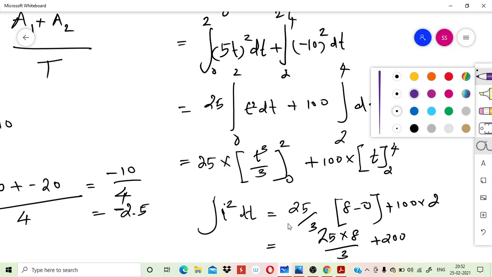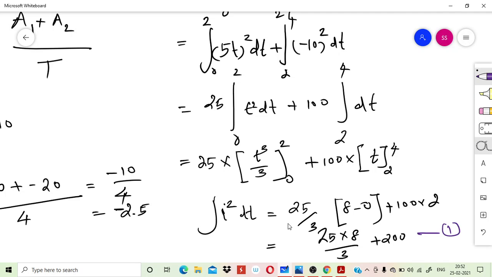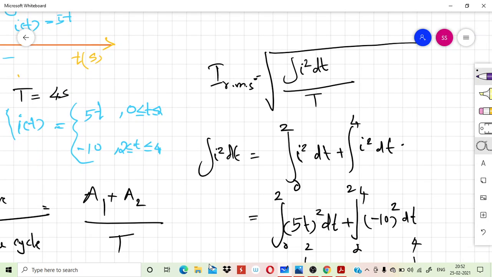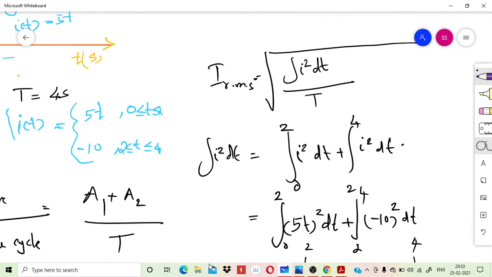I'm taking it as 1, so I'm substituting this 1 in A. What happens? Also we have capital T, which means the time period. The time period is nothing but 4 seconds, right?